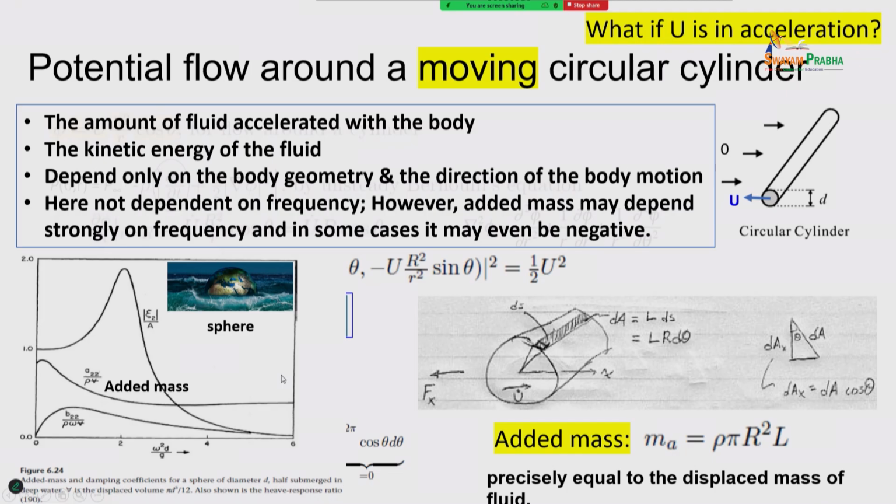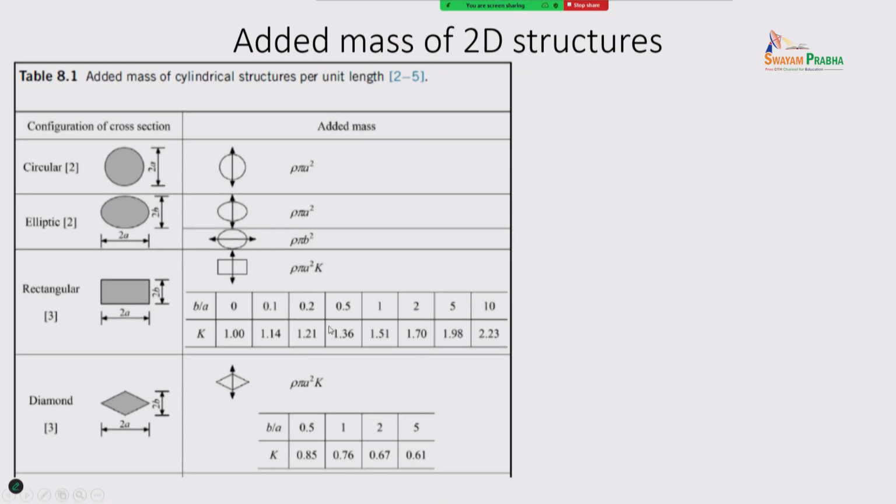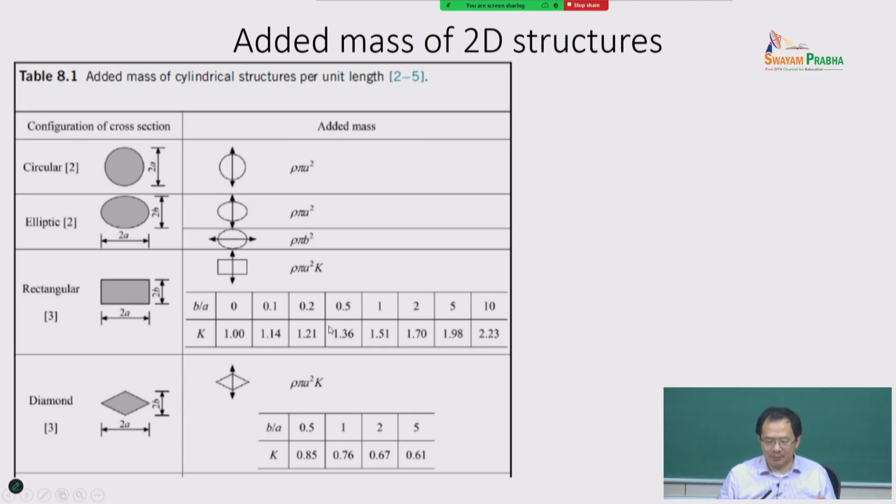Now I mentioned that it depends on different geometry. Here is a table that shows different geometries and their added mass effect. This is a two-dimensional one, and this is the cylinder shape. You move it, right?